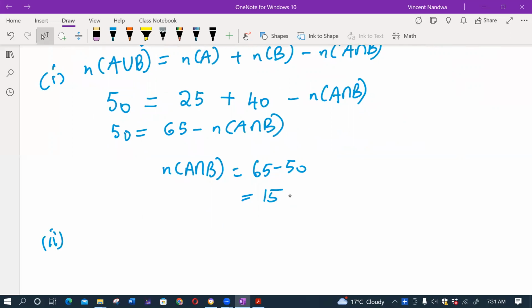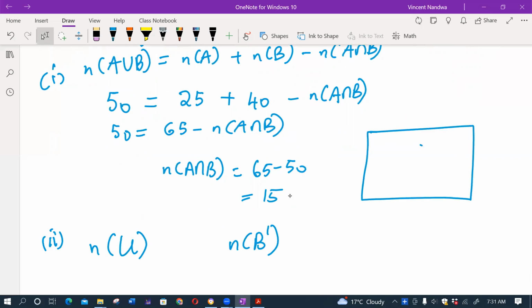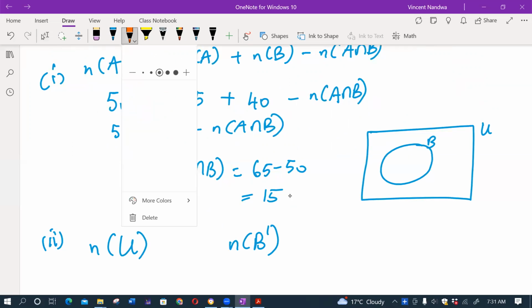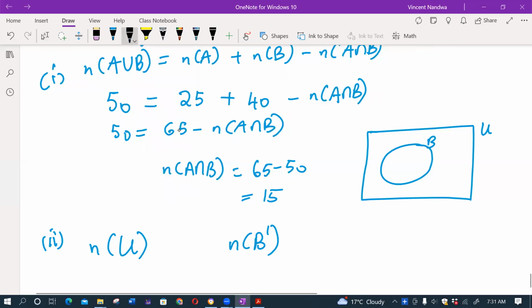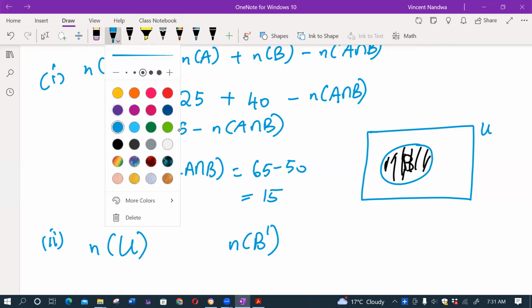Part 2, we are interested in finding the cardinality of the universal set. Remember, if you draw any arbitrary set in the universal set, say set B, which is everything within this circle, then what is outside that circle is what we call B complement.